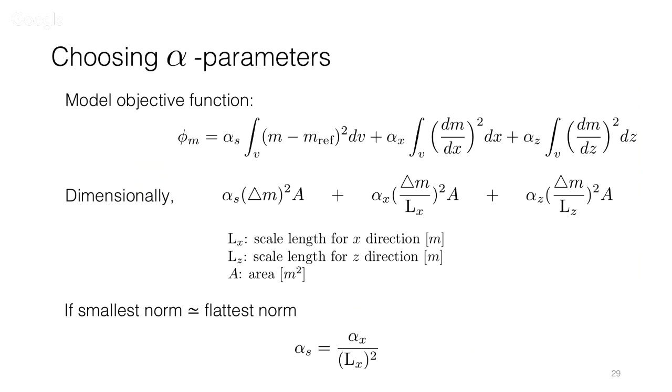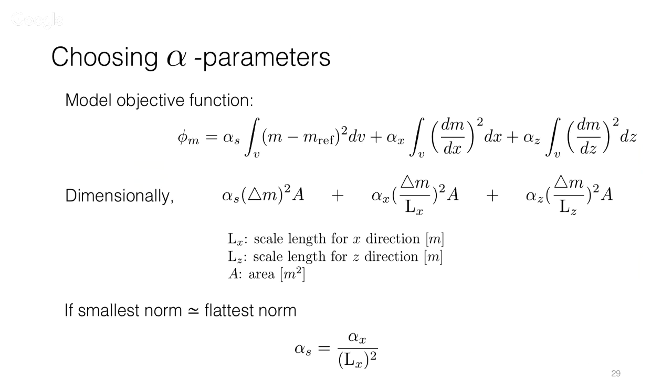If you just look dimensionally at what this is: this is alpha s, and this is kind of like a delta m, squared in each area. And this is alpha x, that's a delta m, but over a scale of ls.